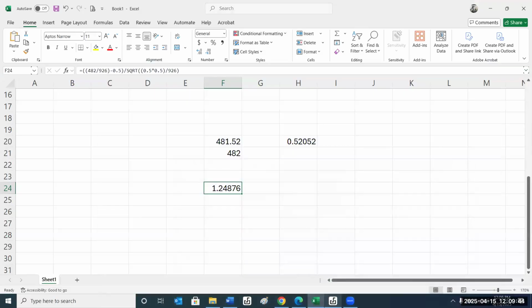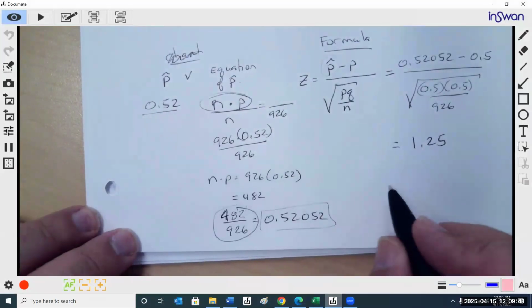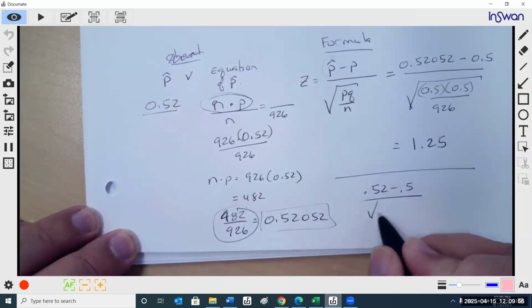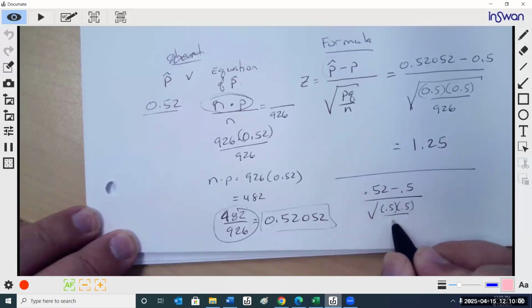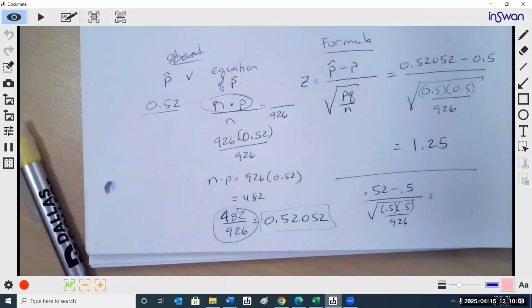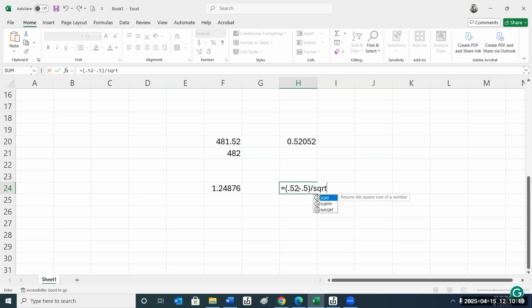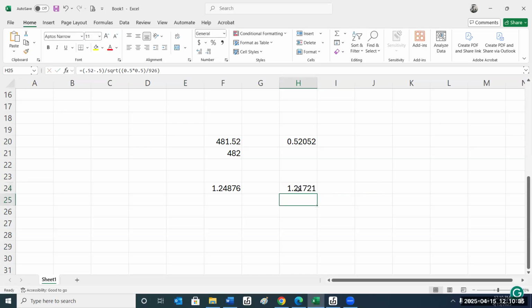1.25. If we use 0.52 minus 0.5 divided by the square root of 0.5 times 0.5 divided by 926, this one gives us 1.22.